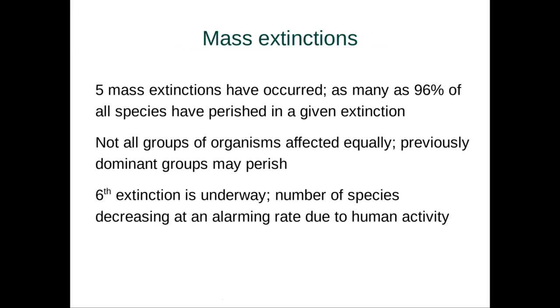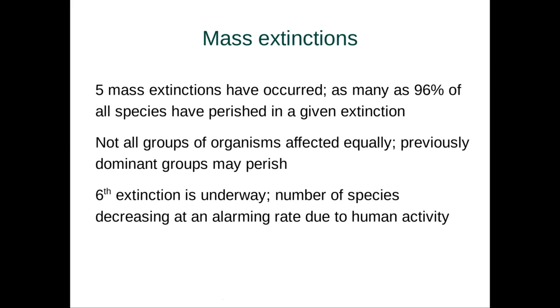There's this interesting phenomenon we call mass extinctions, where species are increasing in richness, with many more species accumulating over time, and then there's this massive, massive die-off. And so we know that through geological time, there have been 5 mass extinctions.